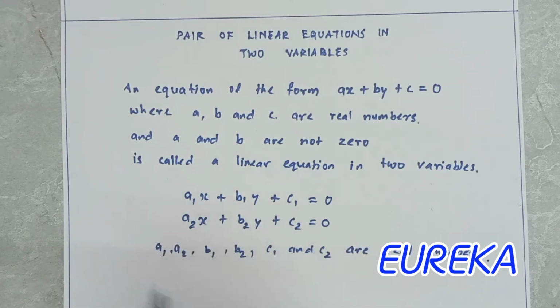How the situation will work out can be checked with the help of these pairs of linear equations. Now how to solve these linear equations, there are some methods that we are going to see in this part. There are certain methods by which we can solve the pair of linear equations.